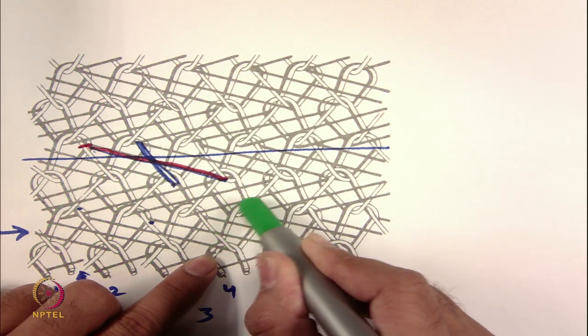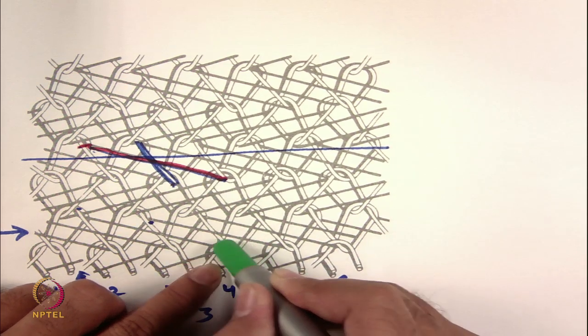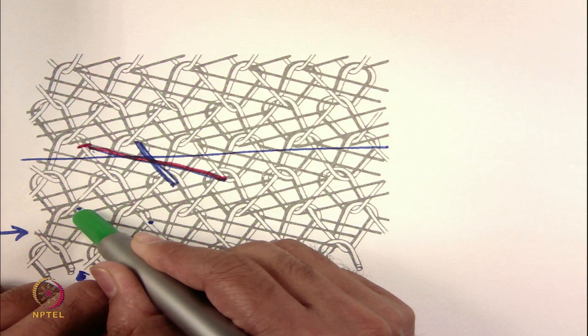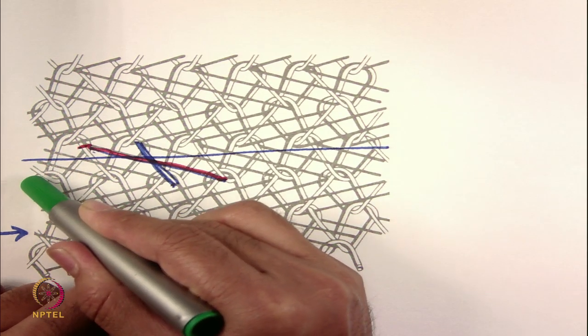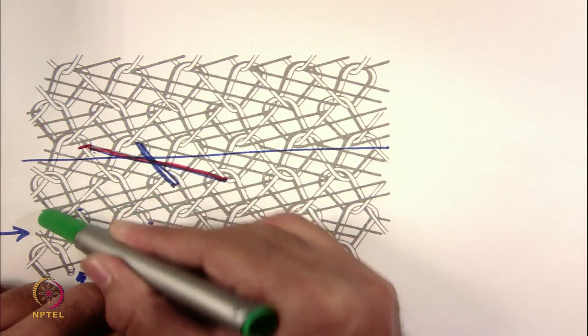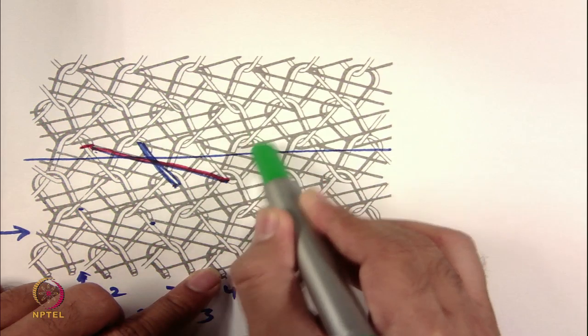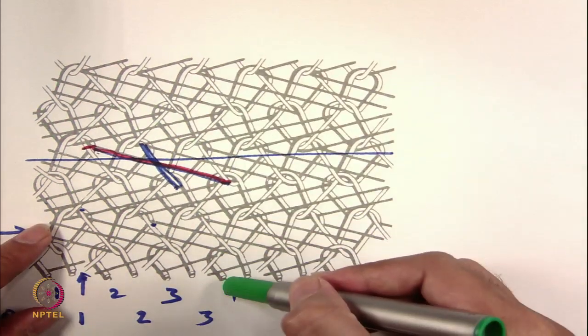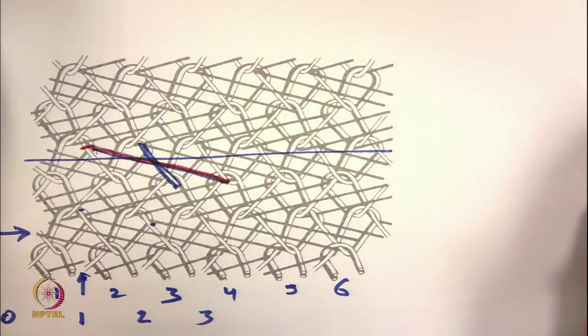So, this is swinging, then overlap, then again swinging, and then it is doing underlap, okay. And then again it is doing swinging, then overlap, then again swinging, and then it is moving to this position, okay. So, fourth needle and first needle, and the yarn keeps on moving.